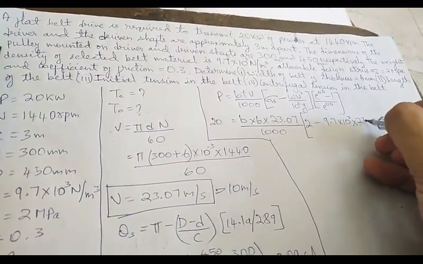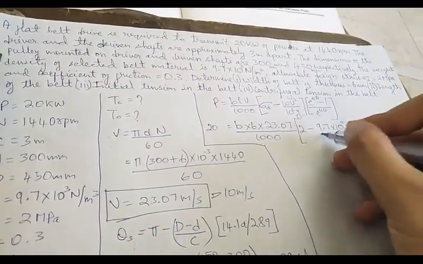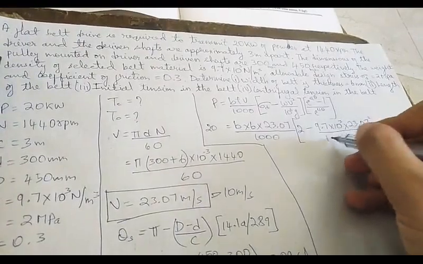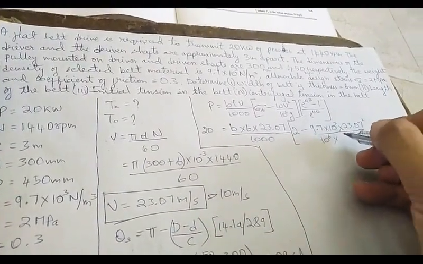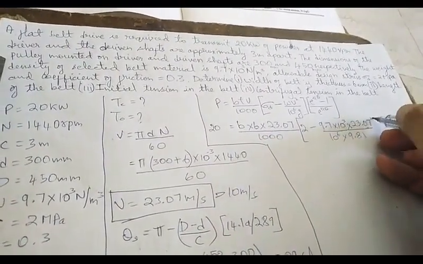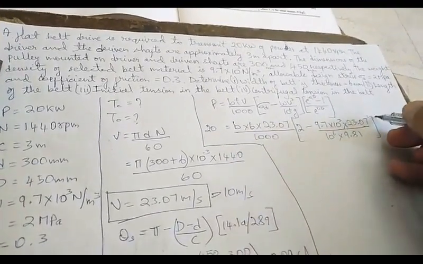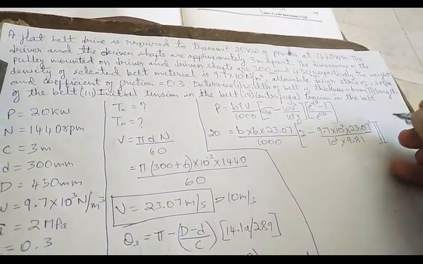Velocity is 23.07 square divided by 10 power 6 into G is 9.81. E power mu theta.